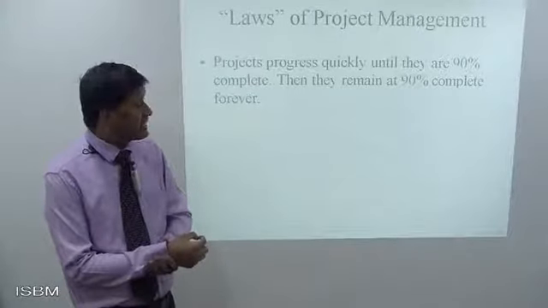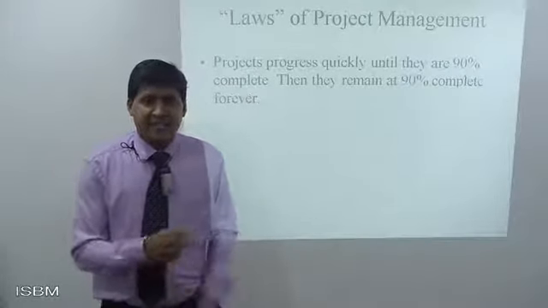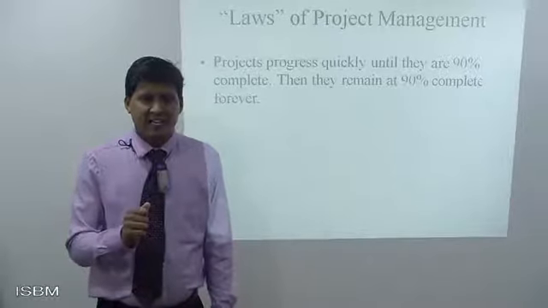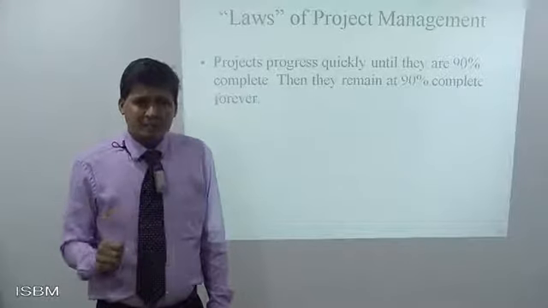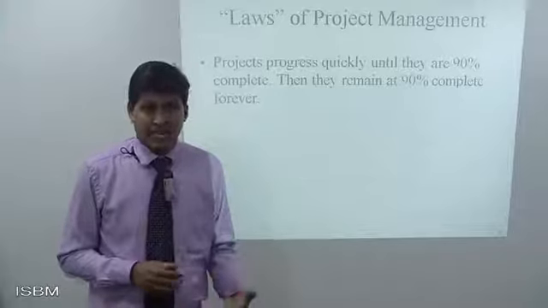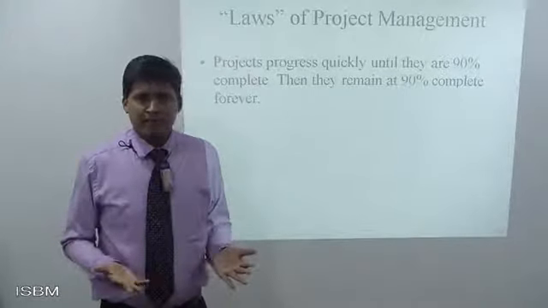Then they remain at 90% complete forever. It sounds like sarcasm, but a lot of people have experienced this, that they reach 90% pretty quickly as per plan, as per design, and that goes on. But after that, it doesn't move.